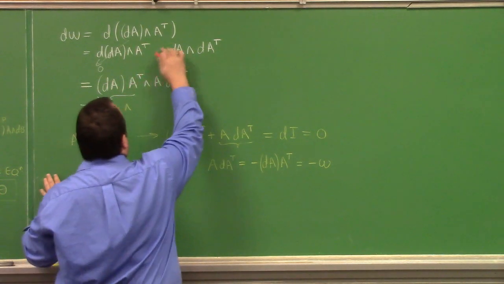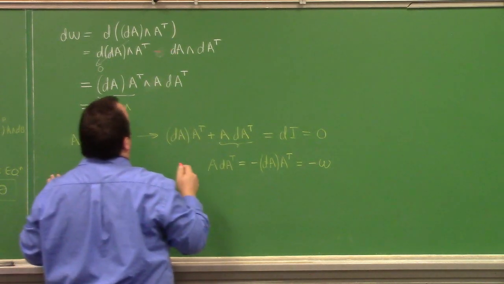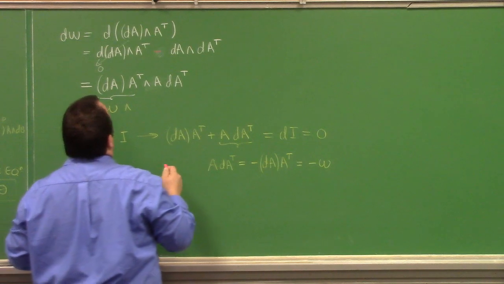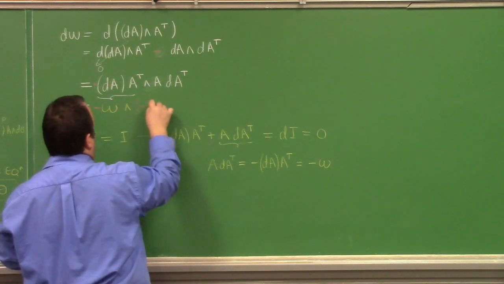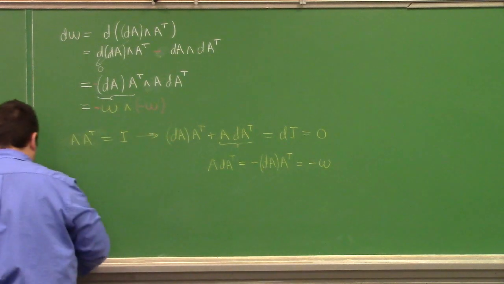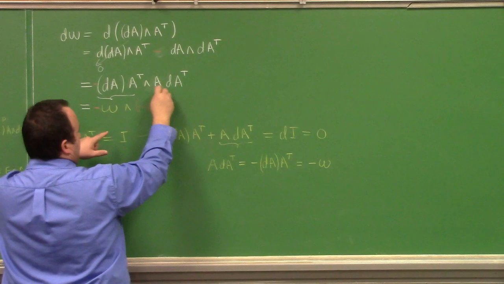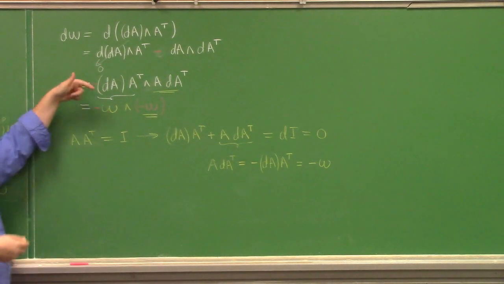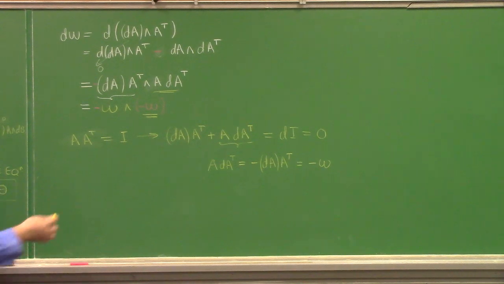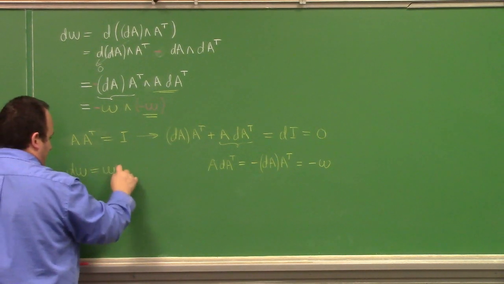That was supposed to be minus, which is great news, because that means A dA transpose equals dA A transpose. So I get one minus from this piece right here, and I get another minus from the product rule. They together work out to give me omega wedge omega. So d omega is omega wedge omega.